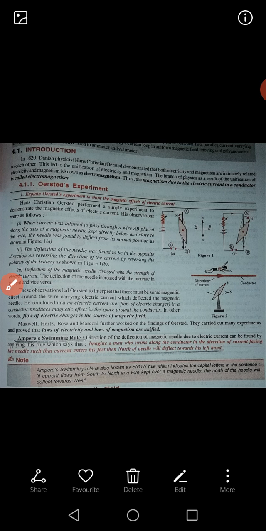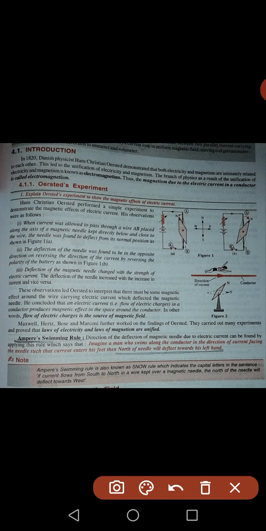Suppose this is a wire, a conductor through which current is flowing. We will imagine a person who is swimming, and the face of the person is facing the wire, that means facing down. Or you can say facing the needle, because the needle is kept below the wire.